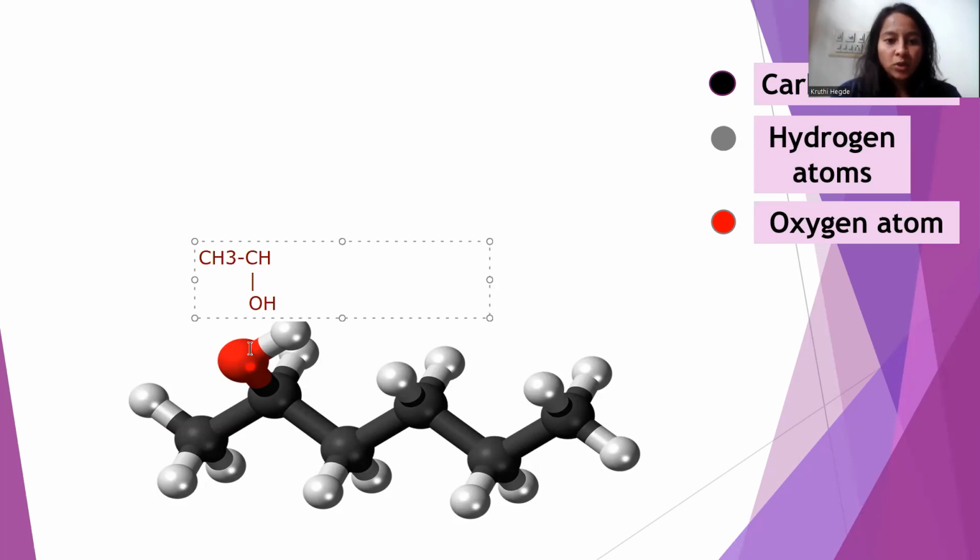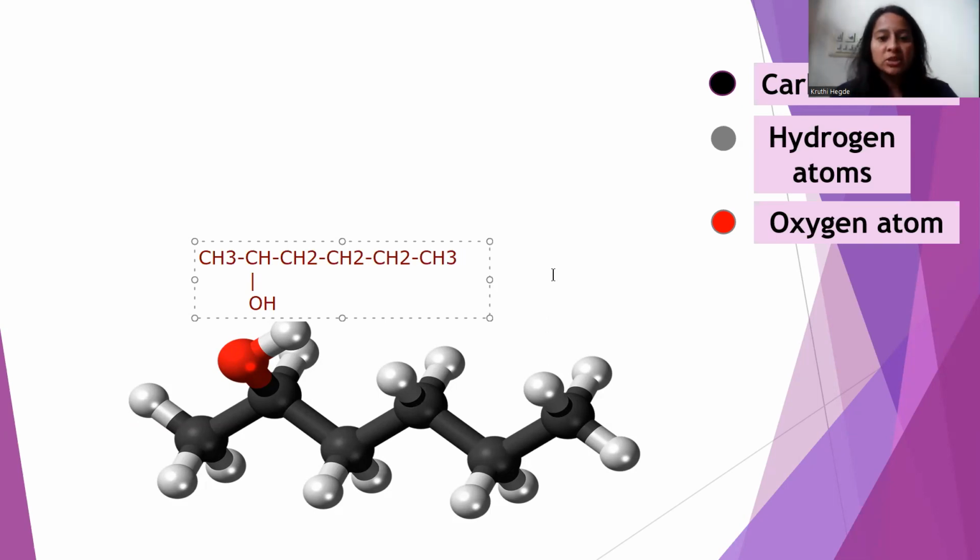You can see O is red, H is again grey color. Then CH, then here CH2, CH2, then we have CH2, CH2, then again we have CH2, then we have CH3.